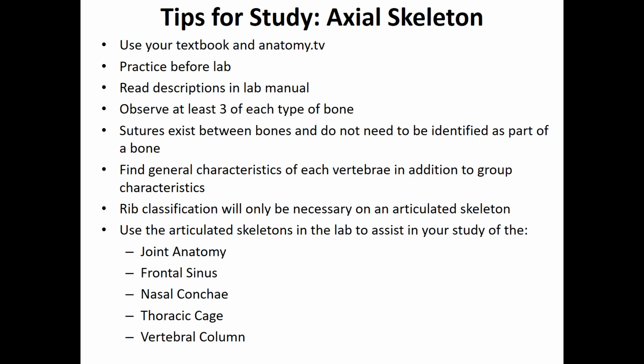So when you see the characteristics for cervical vertebrae that include things like a bifid spinous process, transverse foramina, keep in mind that those are only found on cervical vertebra and that they exist in addition to the general characteristics listed above.